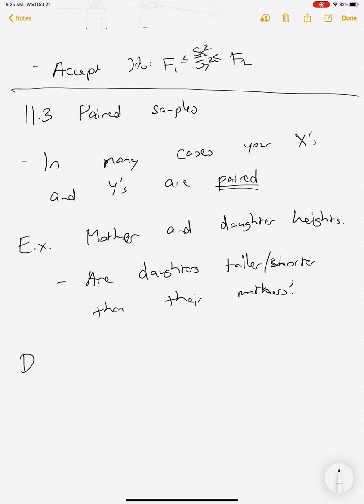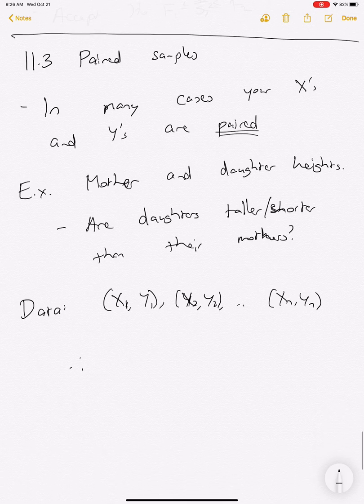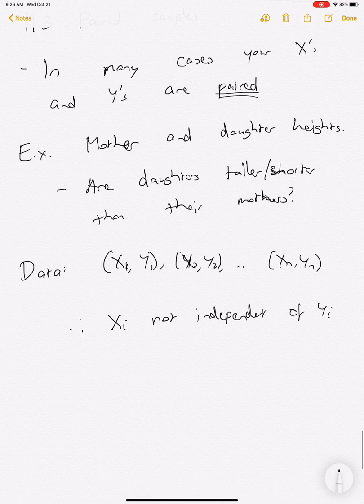So here your data is actually x1, y1, x2, y2, ..., xn, yn. And so the idea here is that xi is not independent of yi. And if you think about the mother-daughter example, that makes sense. Like clearly, as I mentioned, a taller mother is more likely to produce a taller daughter, so you expect some sort of dependence there.